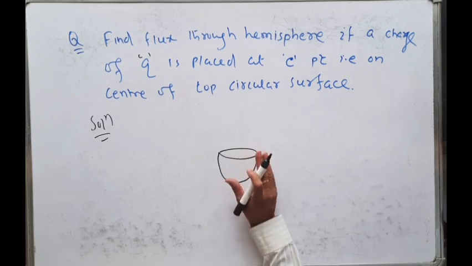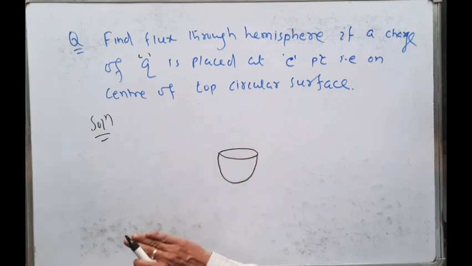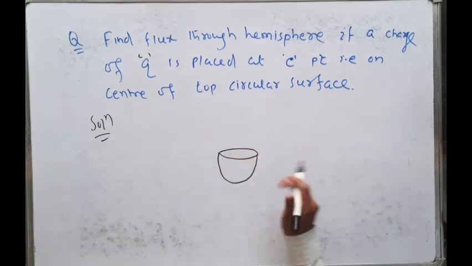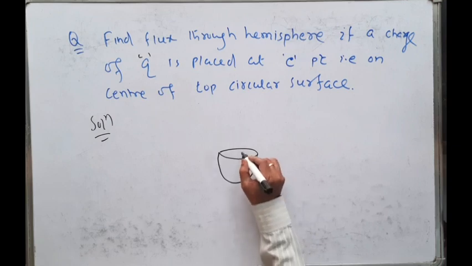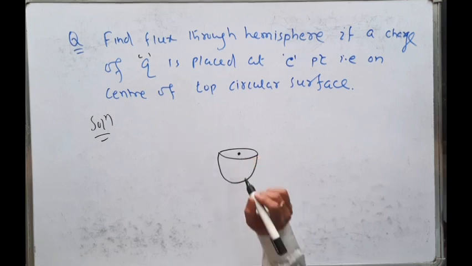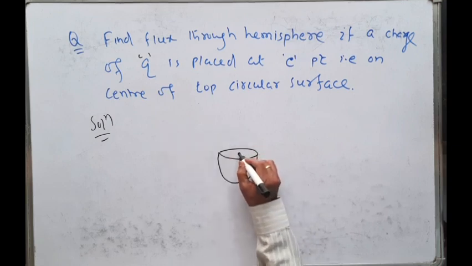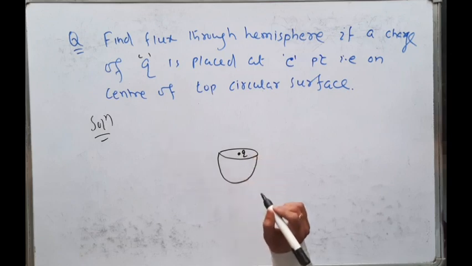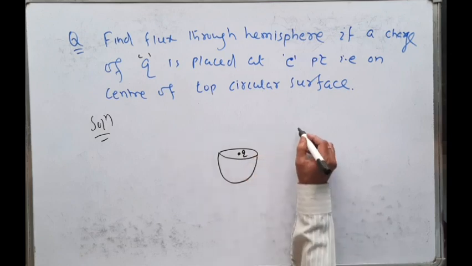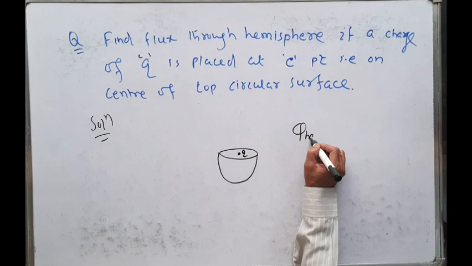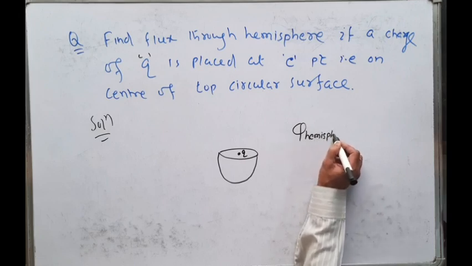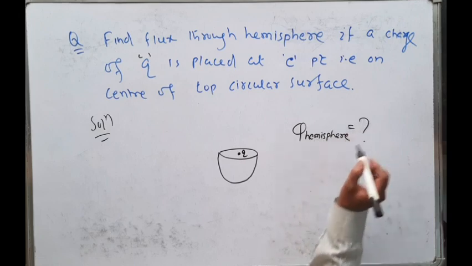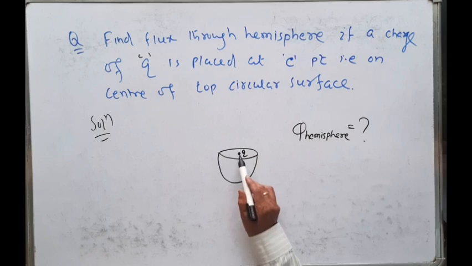Just take a sphere like a cricket ball and cut it symmetrically in the center, and you will get a hemisphere. On the top circular surface of the hemisphere, at the center, there is a charge Q. We have to find the flux through the hemisphere. Now you see, this charge is lying on the top surface.